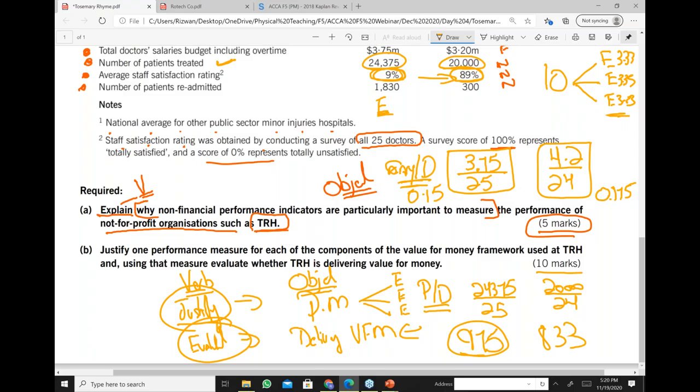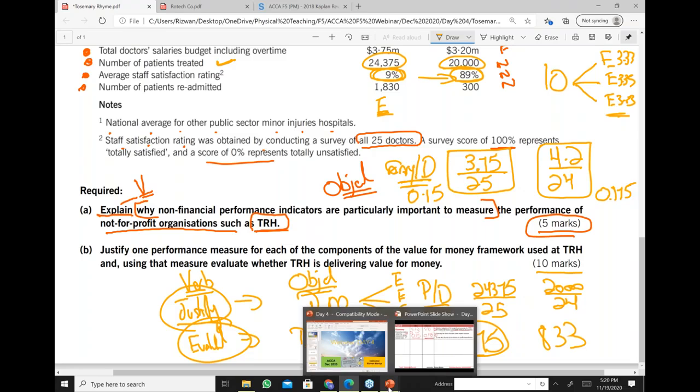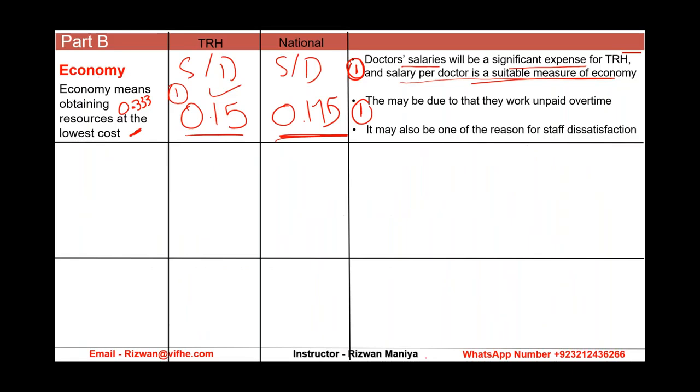Come on, guys, what's your feedback? Understood? Okay. Now, tell me why you chose this one. Because this indicator is focusing on efficiency, which is covering both the output and the input.